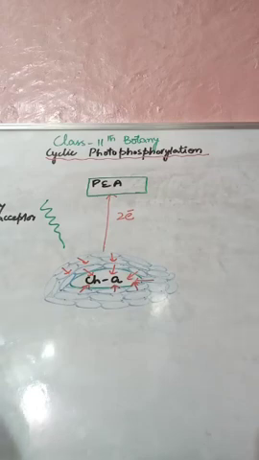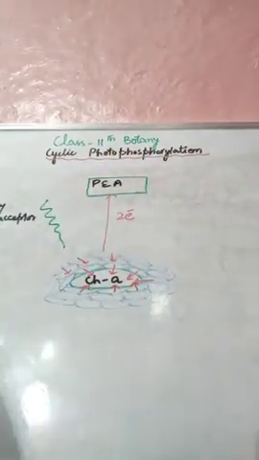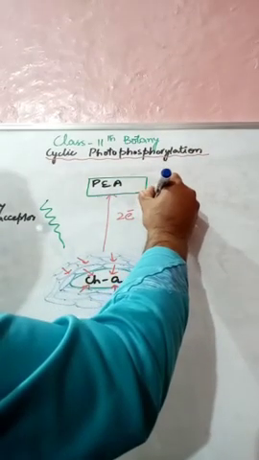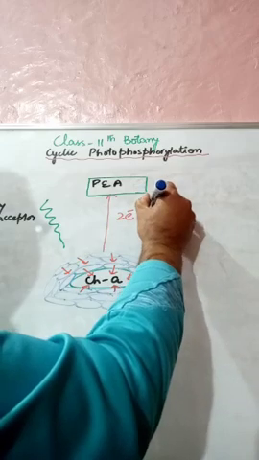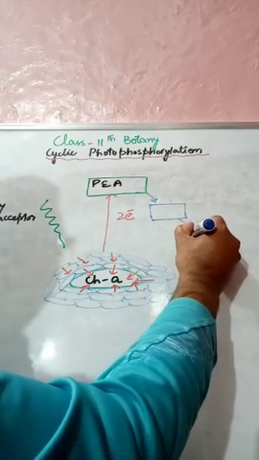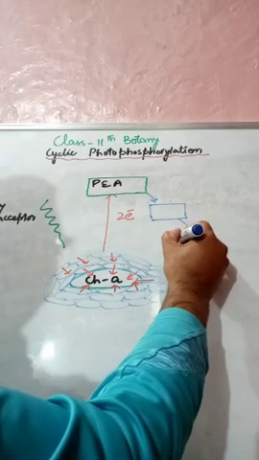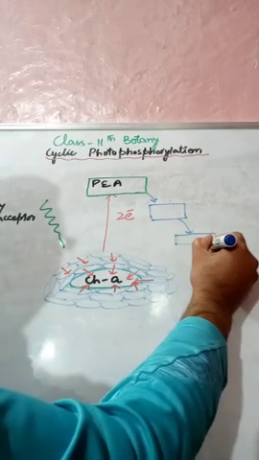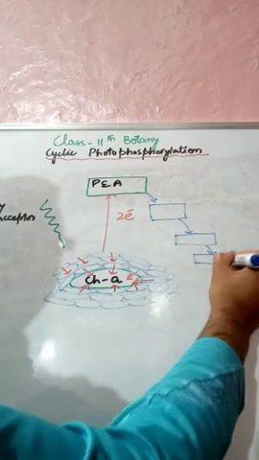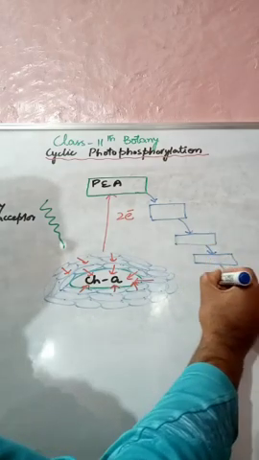These electrons are passed on by different acceptors. There are four acceptors which accept these electrons. This is one, this is two, this is third, and this is the fourth.